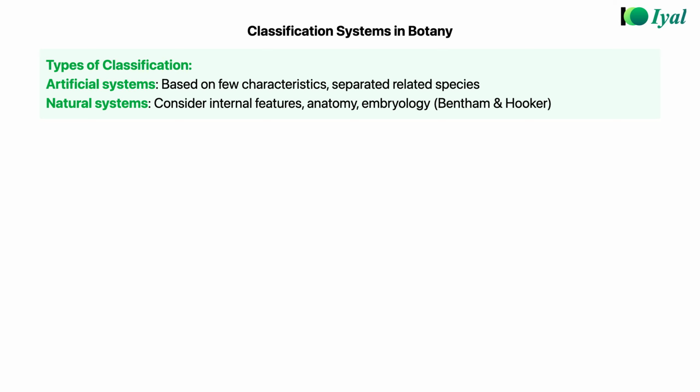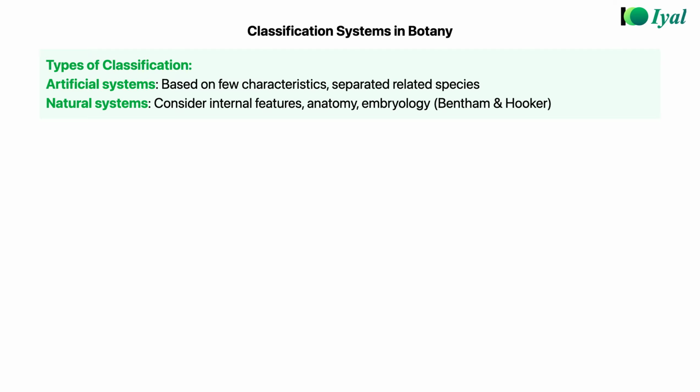So when botanists started classifying plants, they used what we call artificial systems first. These were based on just a few obvious characteristics like leaf shape or flower color. And the problem was they often separated species that were actually closely related. Then came natural classification systems, which were much better because they looked at internal features too, things like anatomy, embryology, and even the chemistry of the plant.